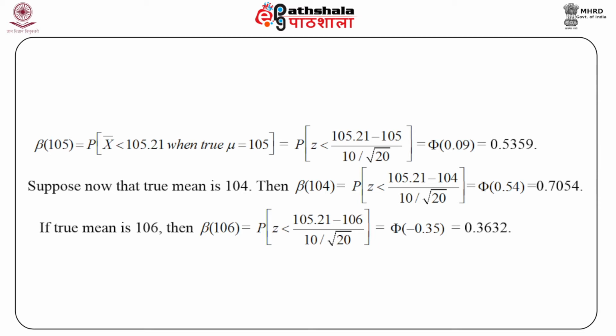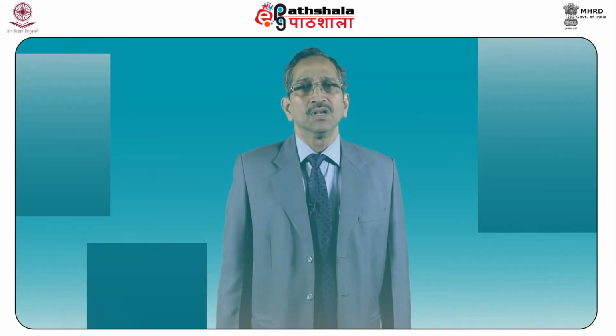Similarly, if the true mean is 106, then beta 106 comes out to be equal to 0.3632. So similarly, we can calculate the probability of type 2 error for different alternative values of the true mean if the null value is false.